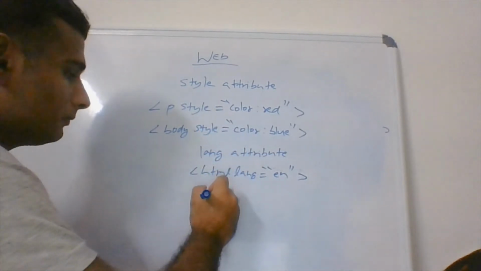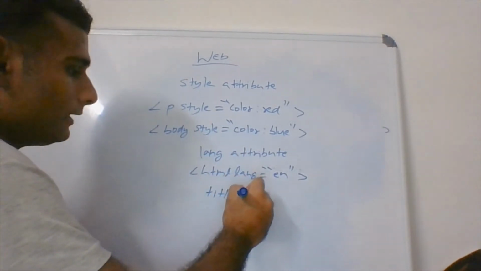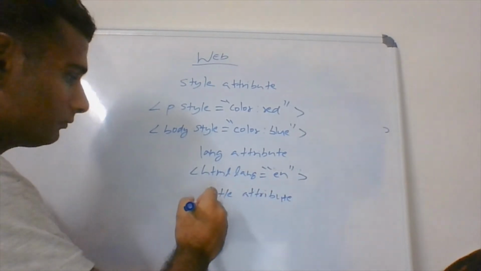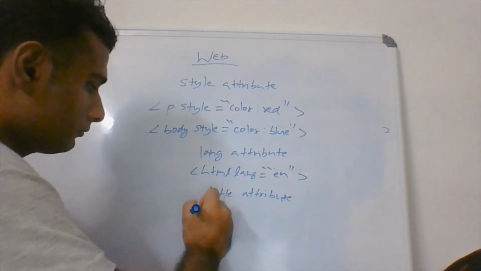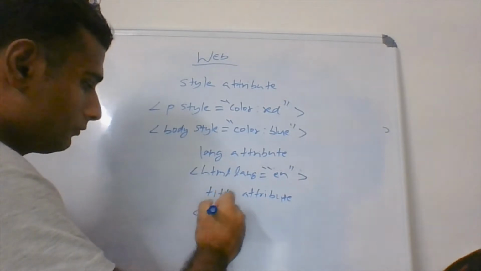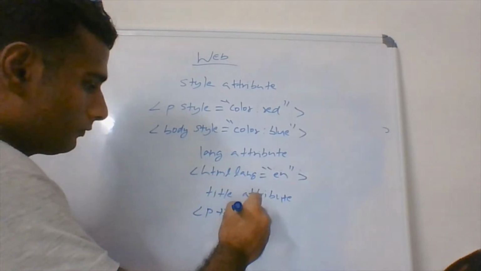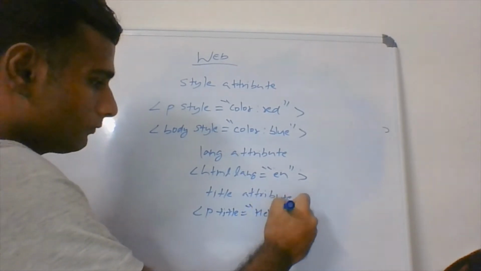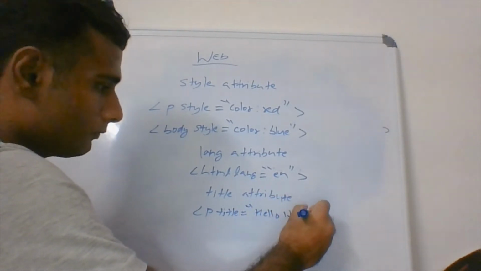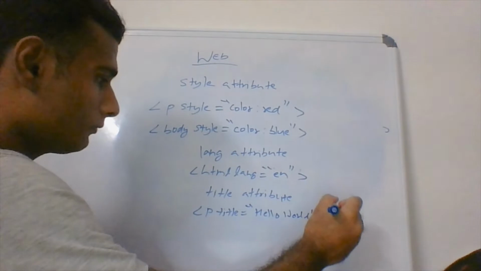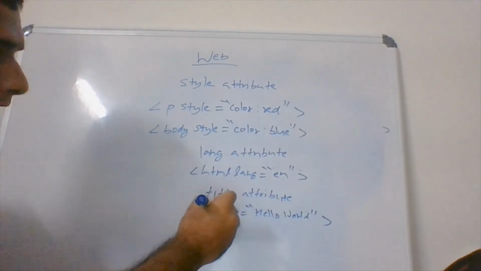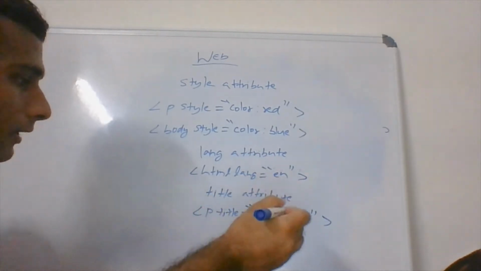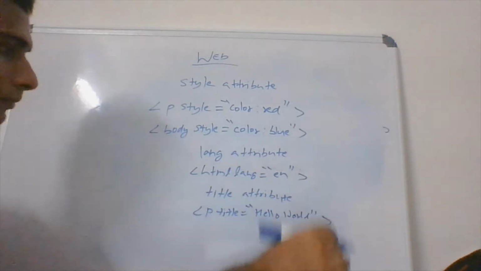Then we have the title attribute. So this is an example of title attribute. We are giving the title Hello World to the paragraph.